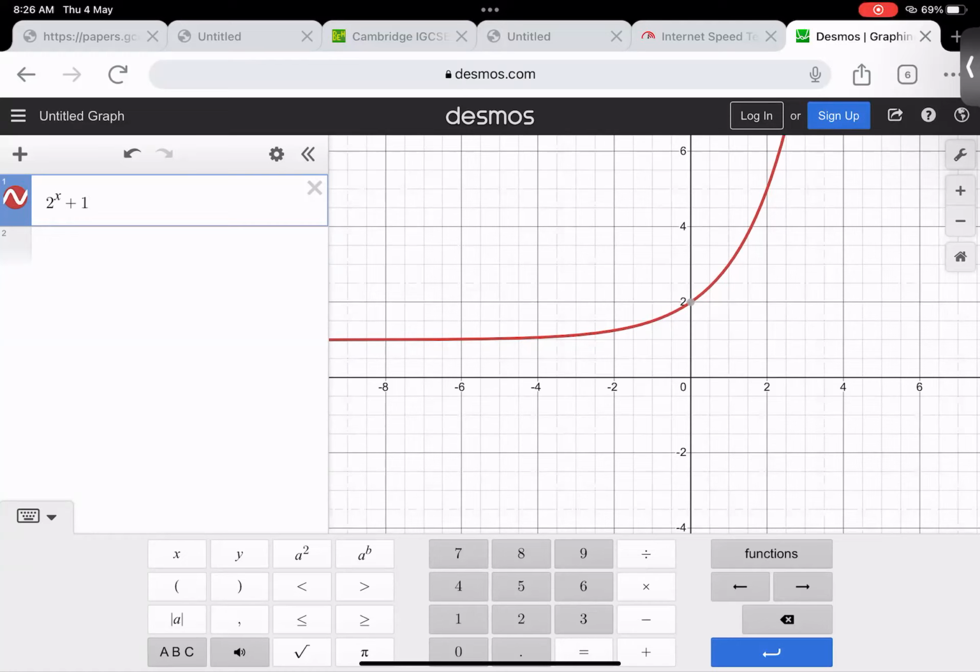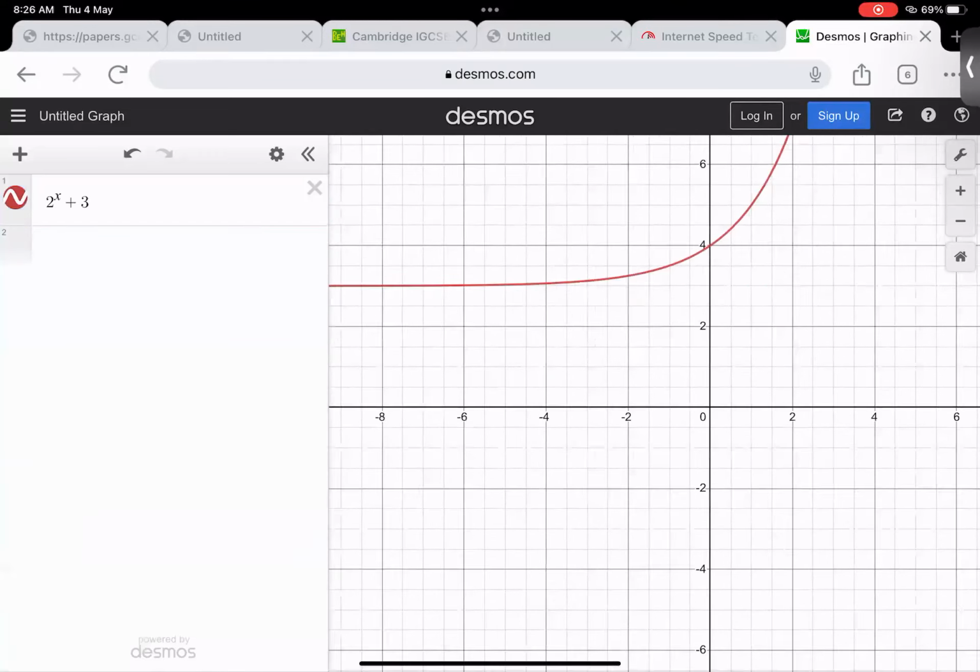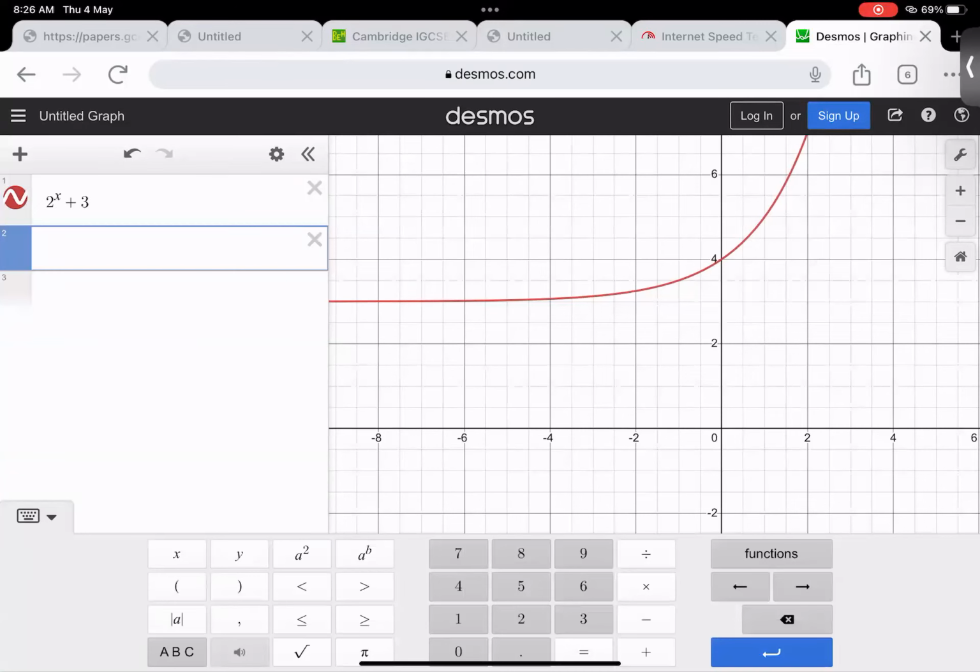If I make it 2, the curve will shift up. If I make it 3, the curve is shifting up. So let's decide some equations. For example, +1. So have a look now.